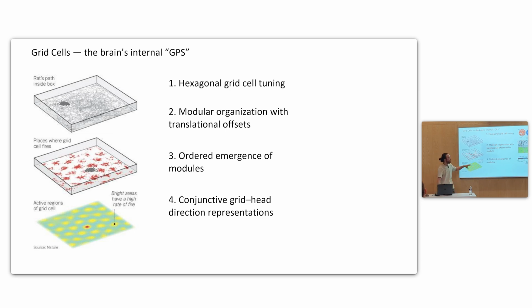There is some interesting work now about how these things are learned through development, what aspects are hard-coded from evolution and what part are learned through the rat's own exploration. And there are these cells that have this conjunctive tuning, both hexagonal tuning and the direction that the rat is facing.